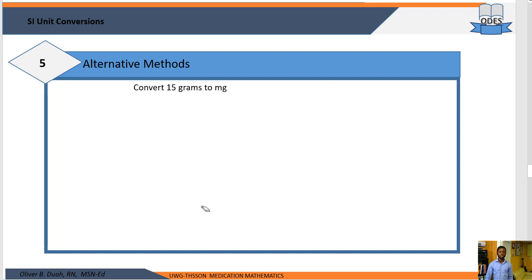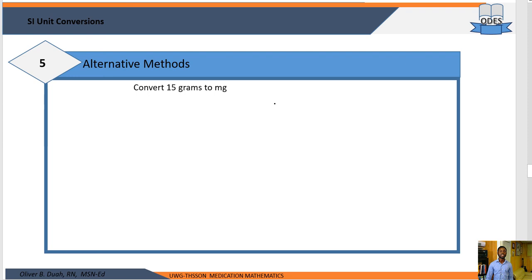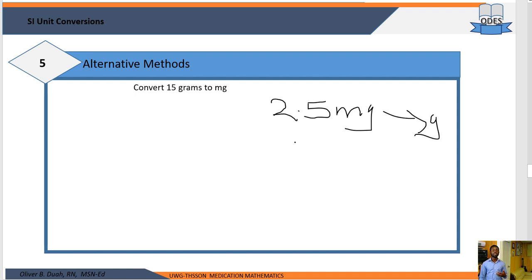Alright. What if we did not have 15 milligrams, but we had, say, 2.5 milligrams that we have to change to grams? Okay, so remember the first step is to determine if you are converting from a smaller unit to a larger unit or a larger unit to a smaller unit.